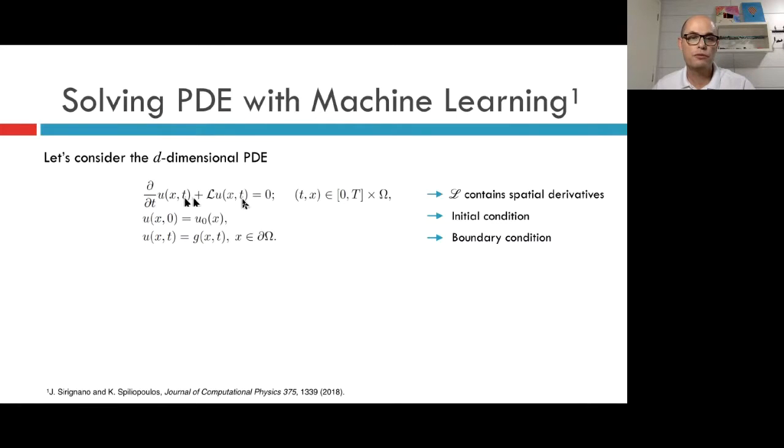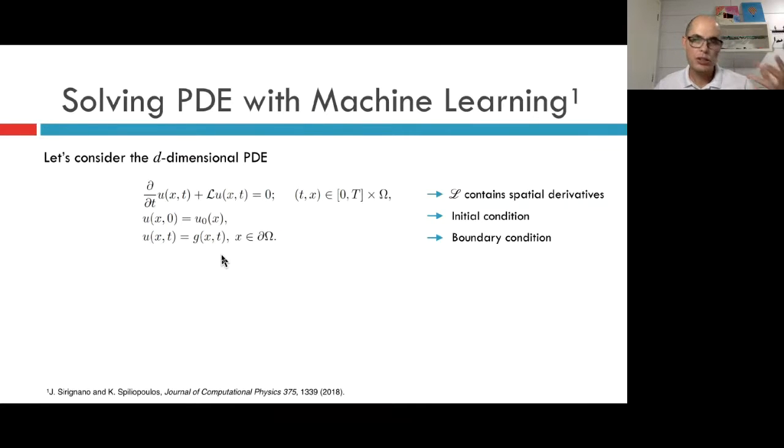This partial differential equation L contains its partial derivatives and other terms. This is the initial condition, and this last equation is the boundary condition. With these three equations, we are able to define the problem we need to solve in partial differential equations.